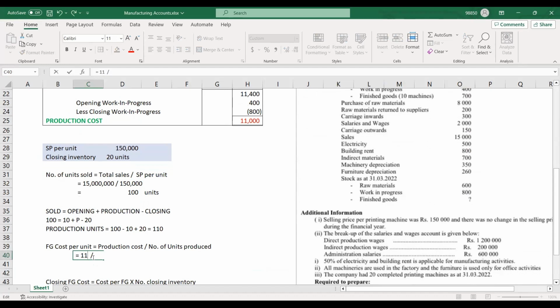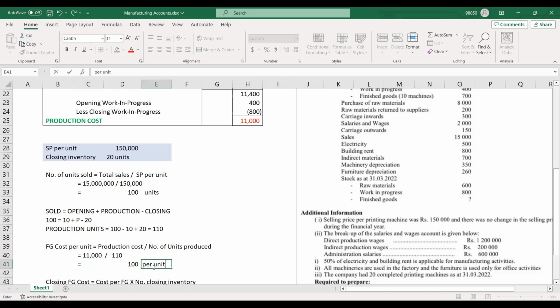So for everything to produce all 110, we used 11,000 divided by 110. Your final answer is going to be 100, right?